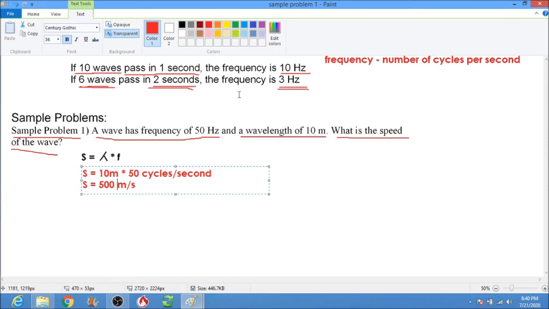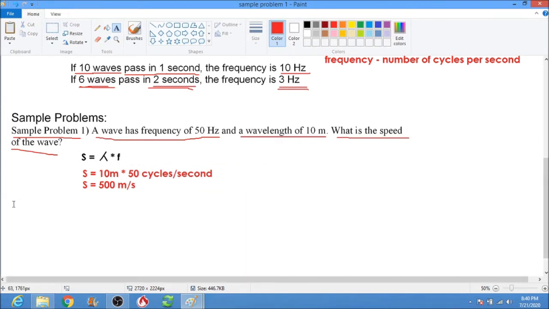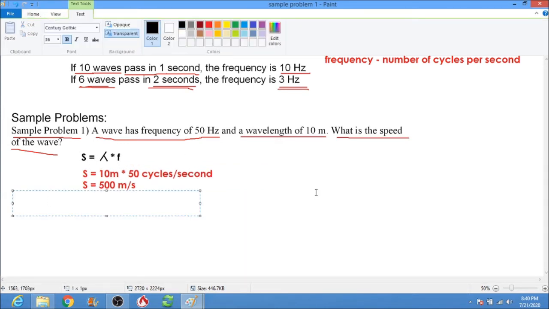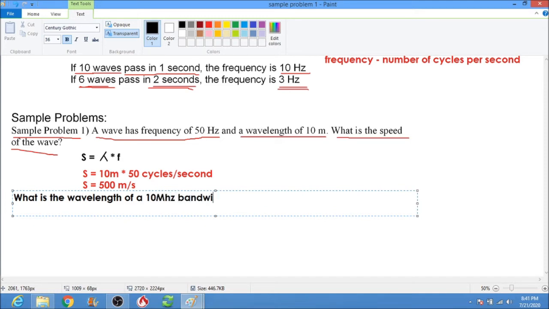Another example: what is the wavelength of a 10 megahertz bandwidth?